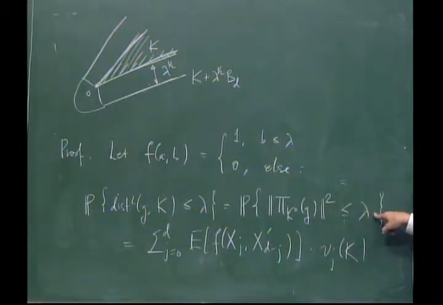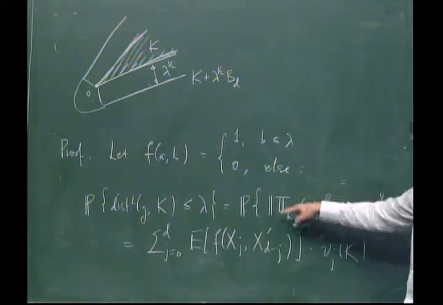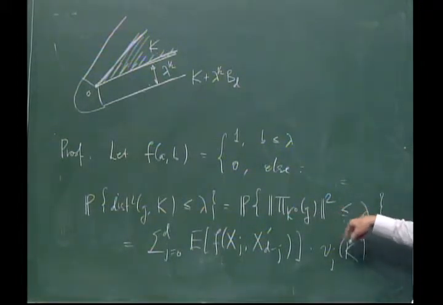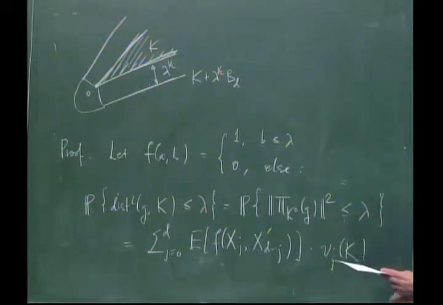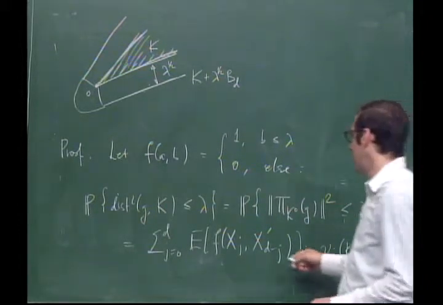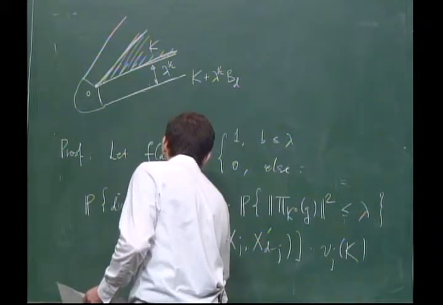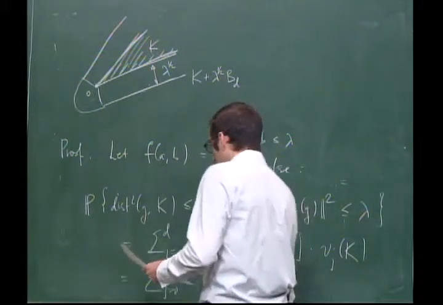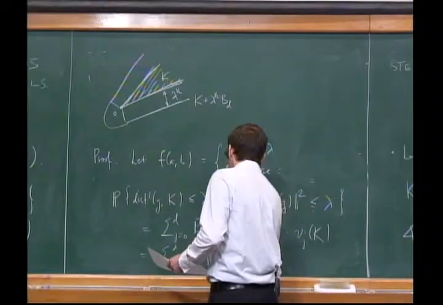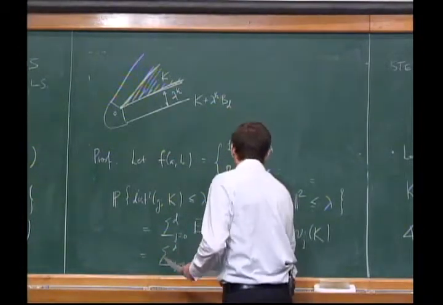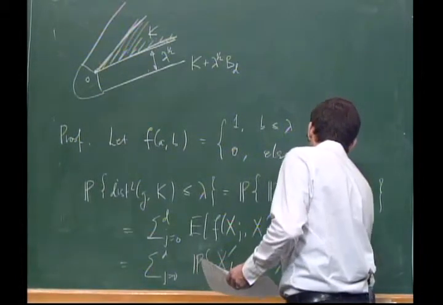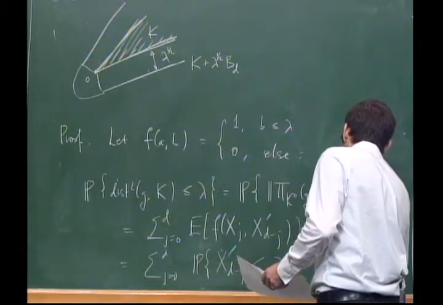So this really is just the expectation of the indicator that the second variable, which is to say the projection onto the polar, squared is smaller than lambda. We apply the Steiner formula, we get this expression. And then we remember that the function has this form, and it tells us that this expectation is just the probability of x_{d-j}' being less than lambda, again, times the intrinsic volumes.